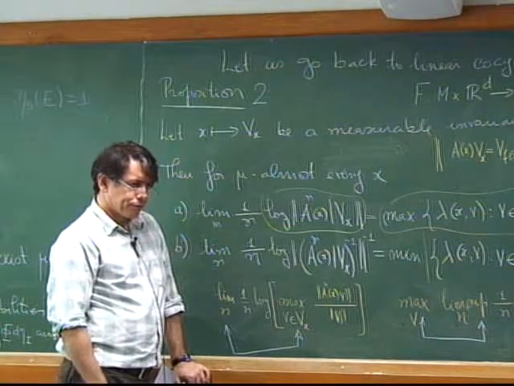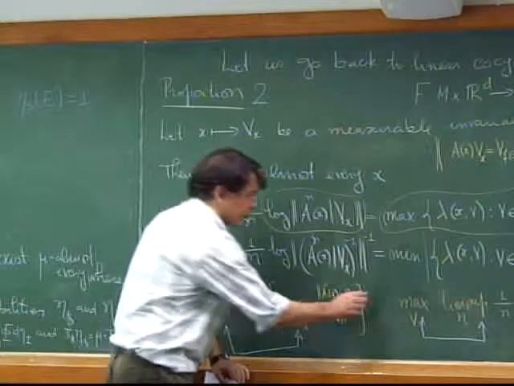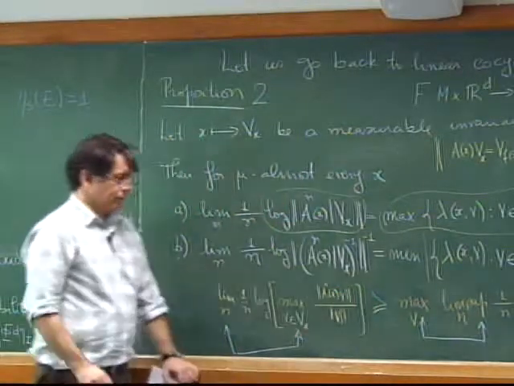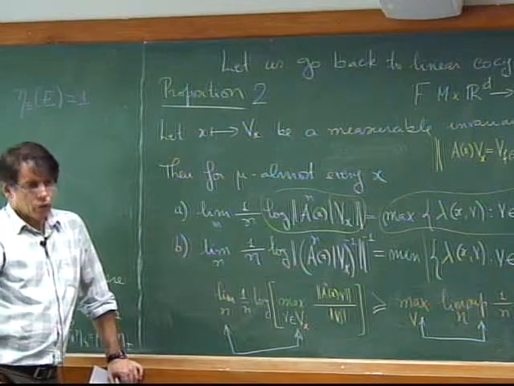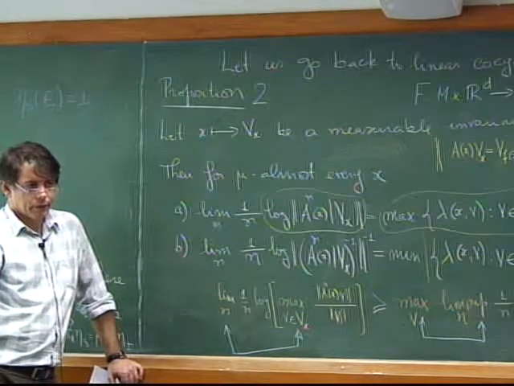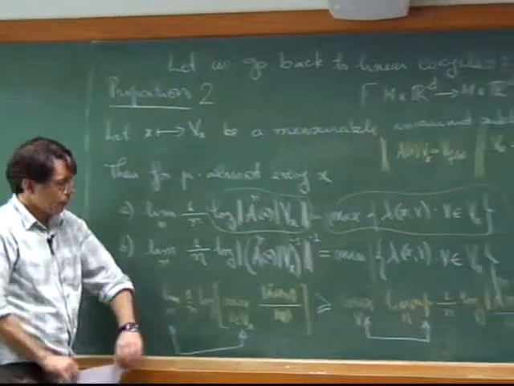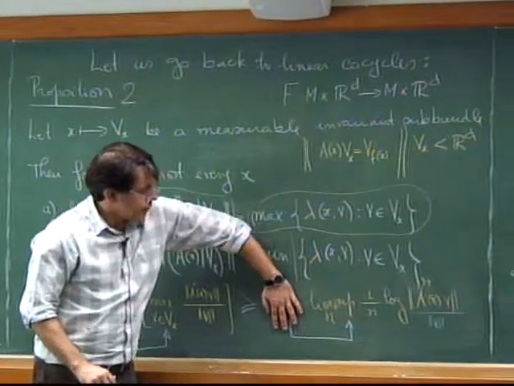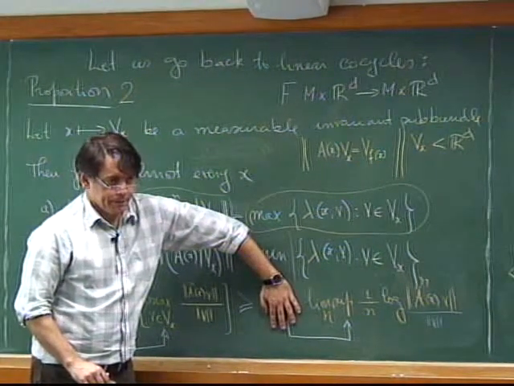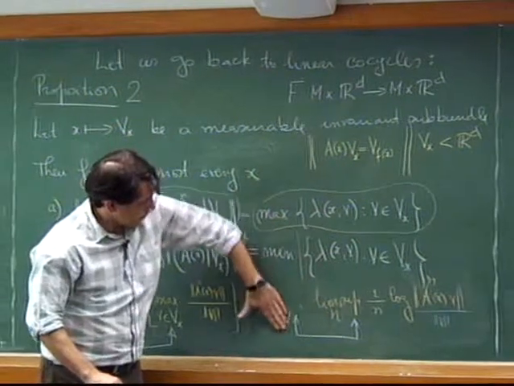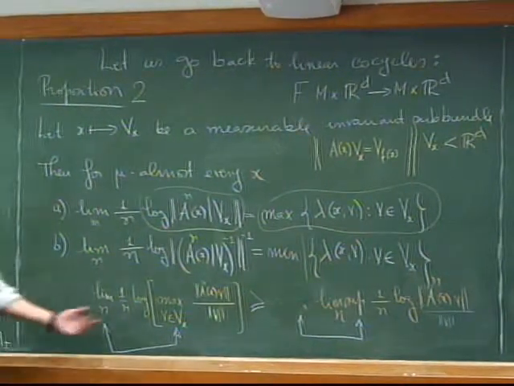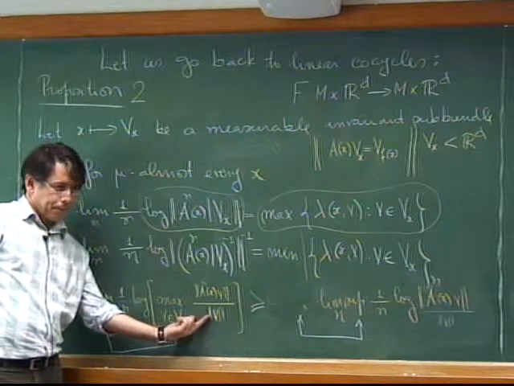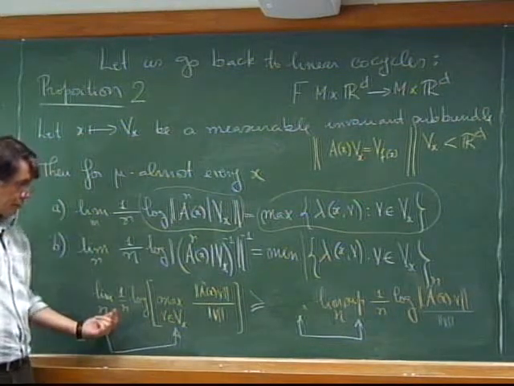Which one? This one? This one is obvious. Let's see why. If I hide this, then it's obvious, isn't it? Here you take the maximum, and then you go to the limit.